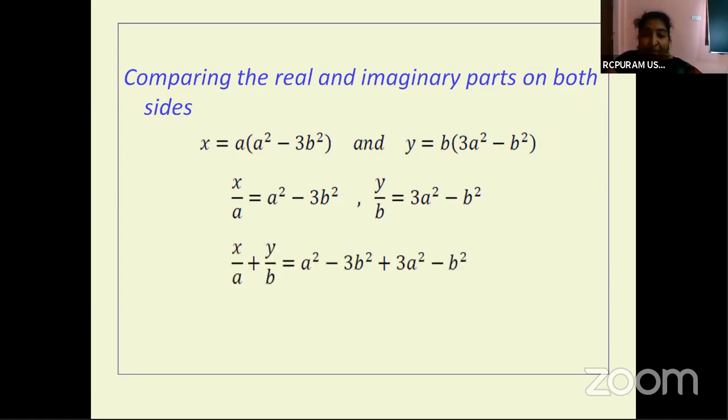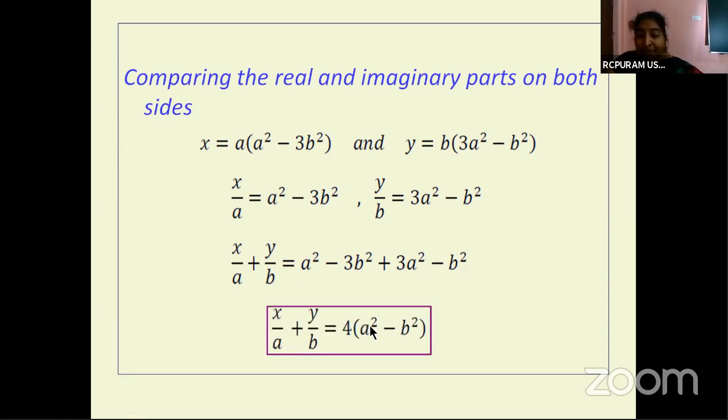So we will add both of them. x by a plus y by b is equal to a square minus 3b square plus 3a square minus b square. a square plus 3a square becomes 4a square, minus 3b square minus b square becomes minus 4b square. So from both the terms, if you take 4 common, you will get a square minus b square into 4. So we finally proved it as x by a plus y by b is equal to 4 into a square minus b square.